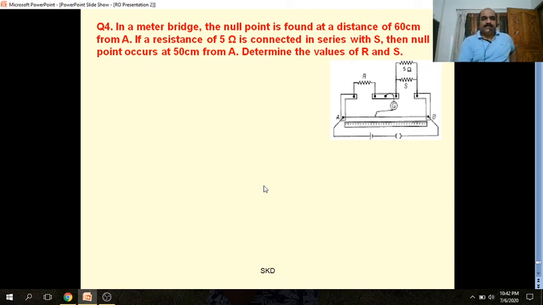Here, there is a resistance of 5 ohm which is connected in parallel. Now, if this 5 ohm is connected in series instead, then you have to solve it and find the value of the unknown resistance.